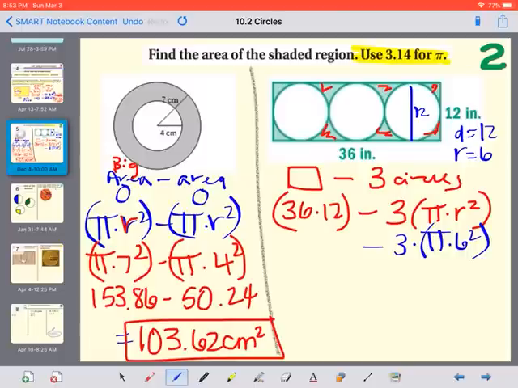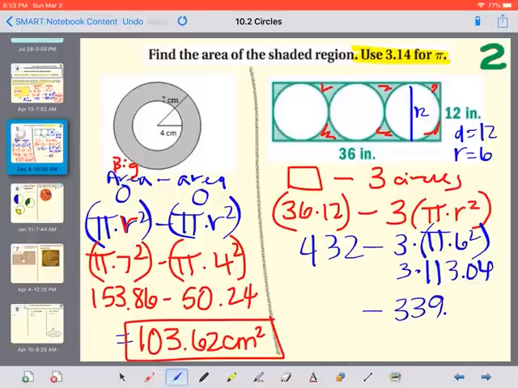36 times 12 gives us 432. And then on this side, pi times 6 squared, we get 113.04, but we need to multiply by 3 because we have 3 circles. That gives me 339.12.